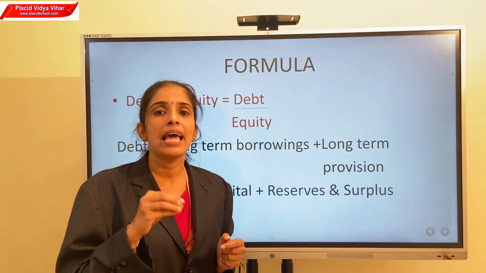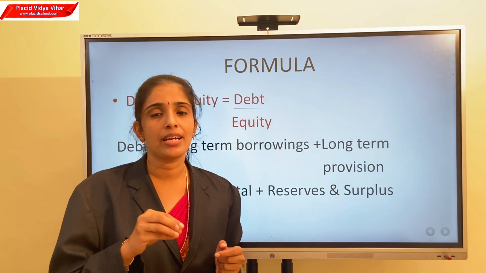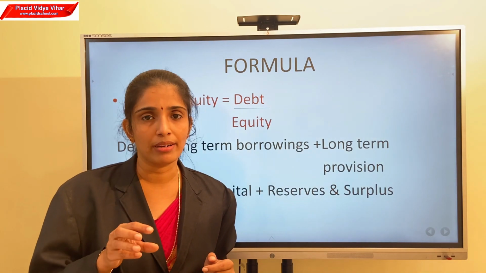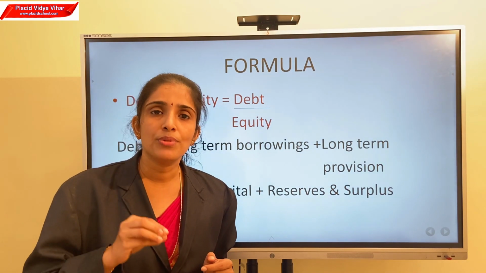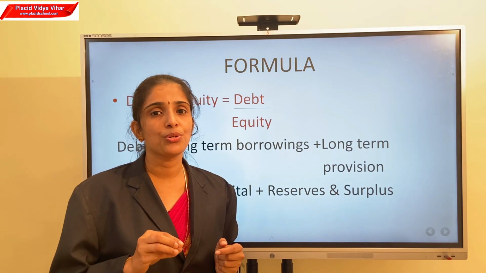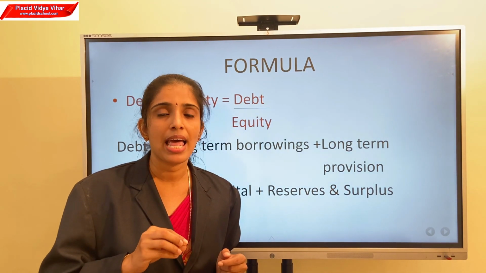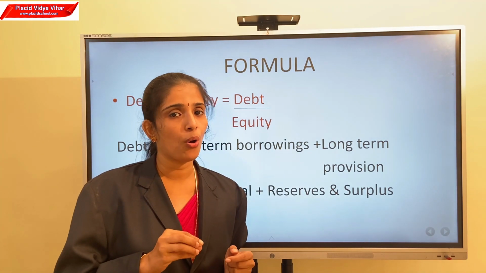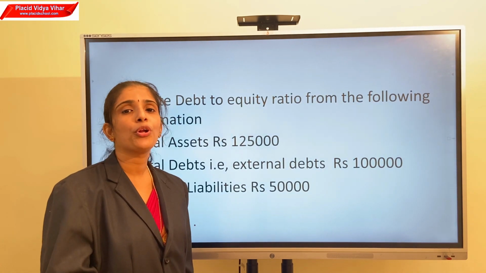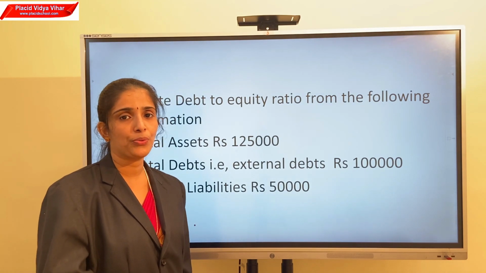In that case, lenders' funds are safe, they are in the safe zone. They have no risk in the business. The main objective of a debt equity ratio is to assess the organization's financial soundness and financial position. Then we are going to discuss a problem of a debt equity ratio.